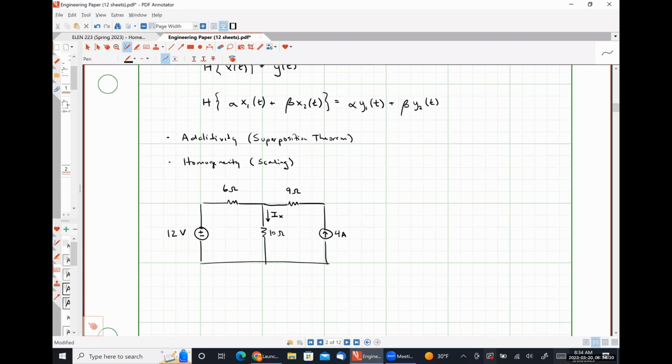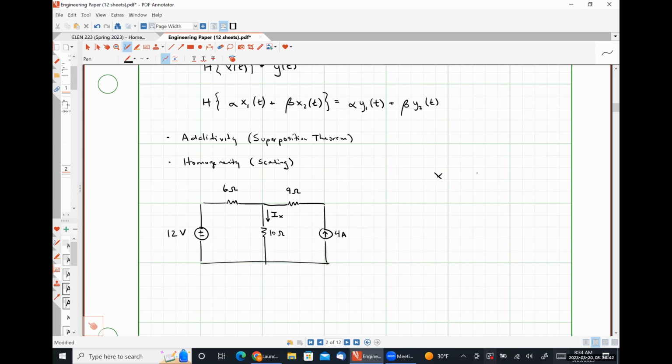Let's talk about what we expect the result to be. If I scale my inputs by a factor of 2, according to the homogeneity principle of linearity, my output should scale by a factor of 2 as well. So we saw that for our original circuit, actually, I'm going to draw a table here.